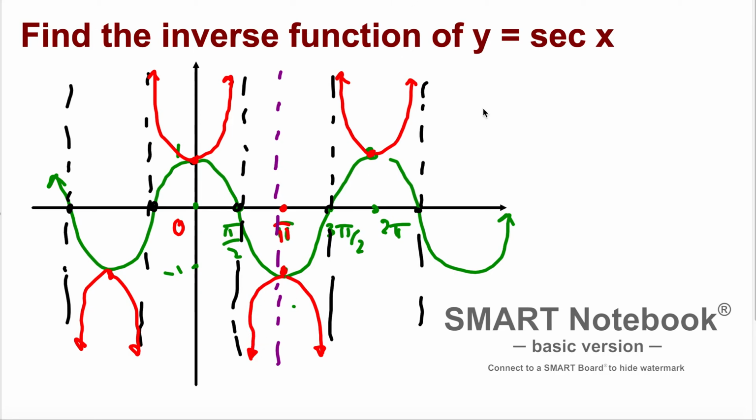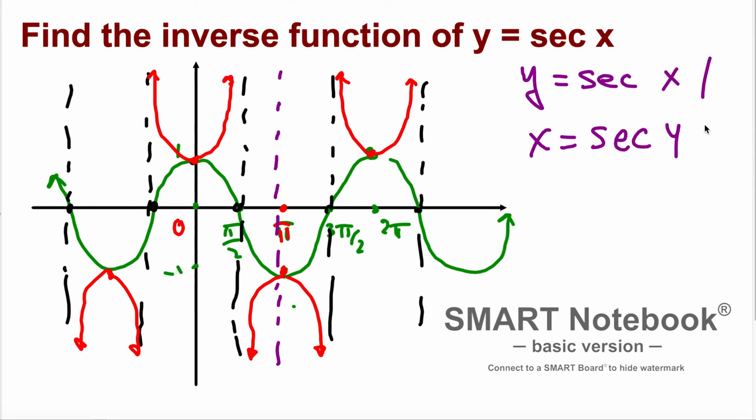But as I said before, if we wanted to solve analytically, to find the inverse function of a secant, we write y is equal with the secant of x, and now we are exchanging the variables. So this is the analytical interpretation, secant of y, and we take the inverse of a secant on both sides, and we get the inverse of secant of x is equal with the inverse of a secant of the secant of y.